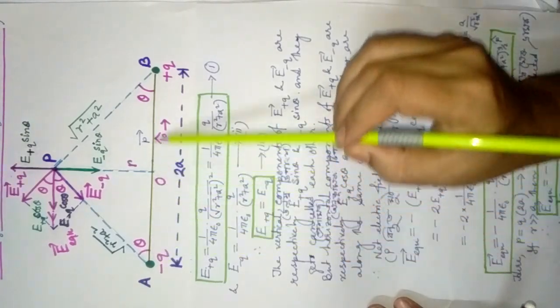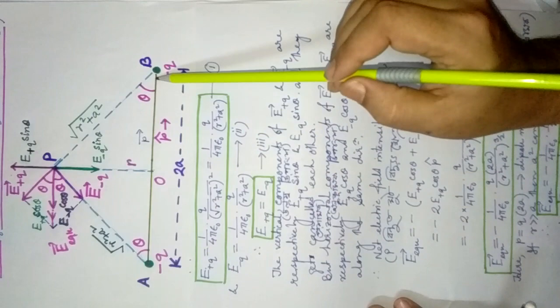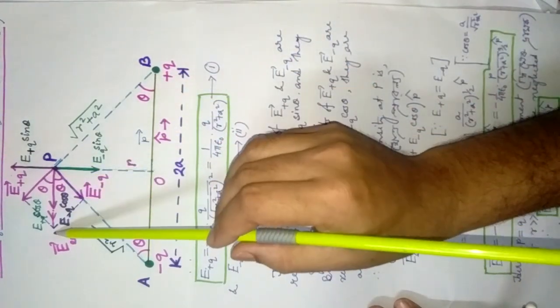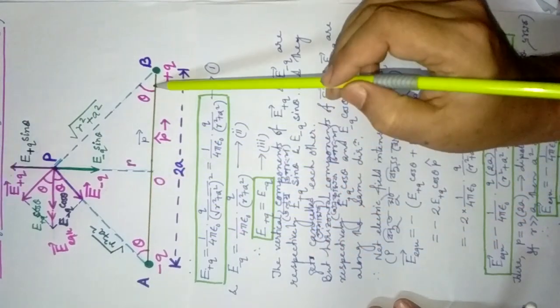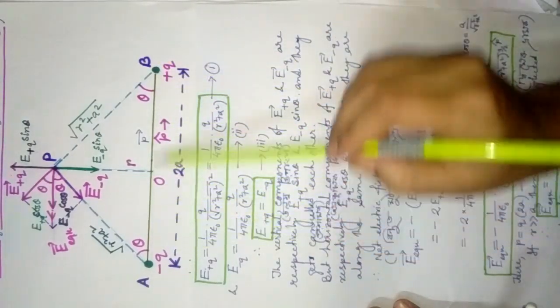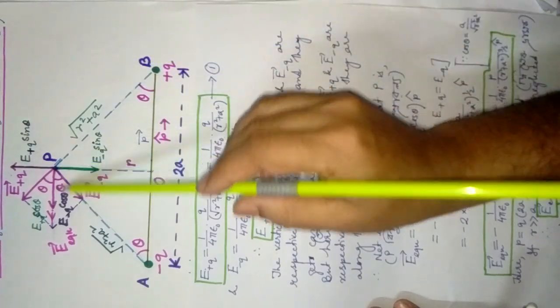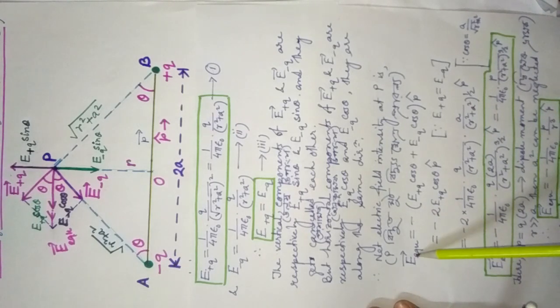The direction of the dipole moment is this direction, but the net electric field is along this direction, which means both are opposite. P cap is towards the right and this is towards the left. That's why I have written minus here: P cap is opposite to E vector EQ.